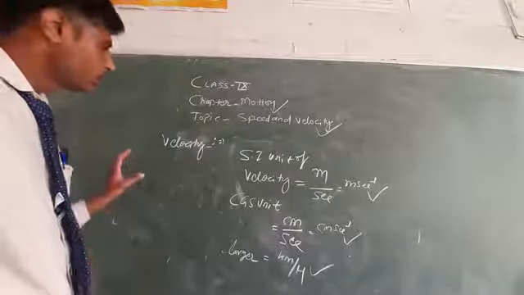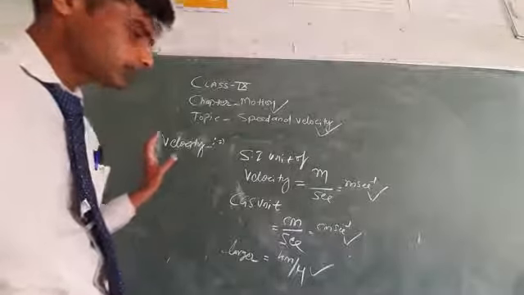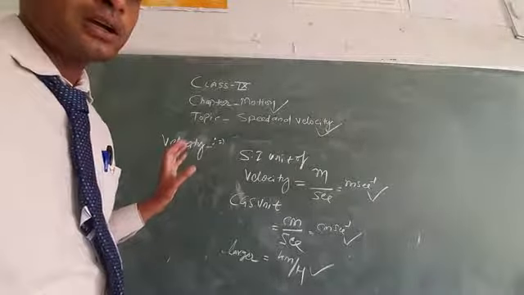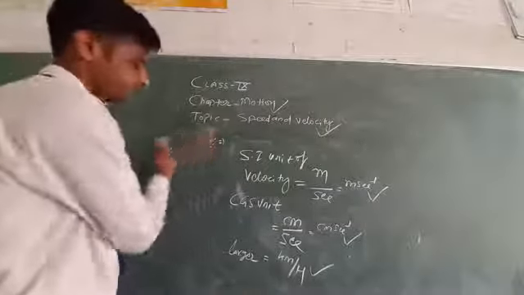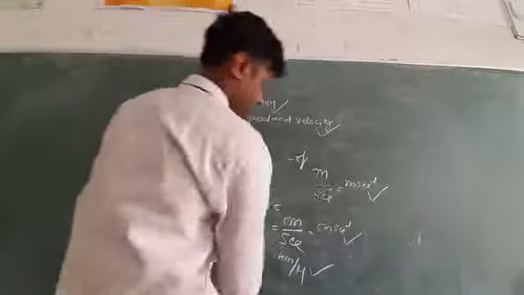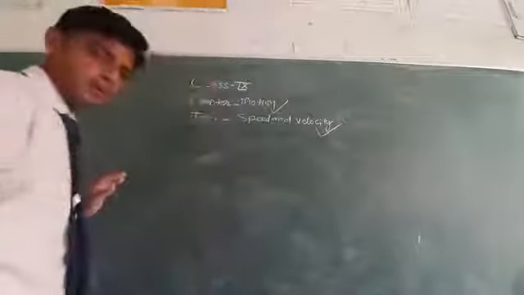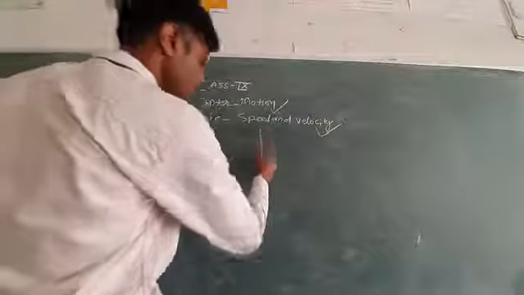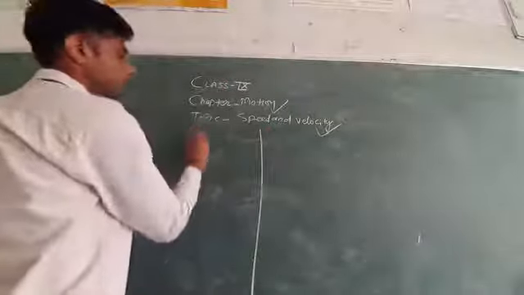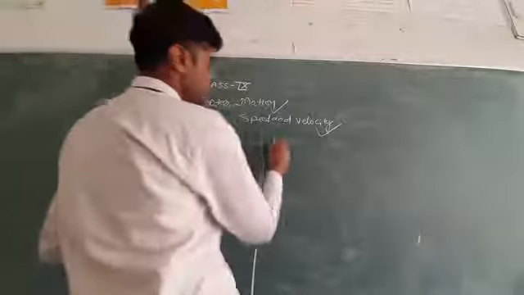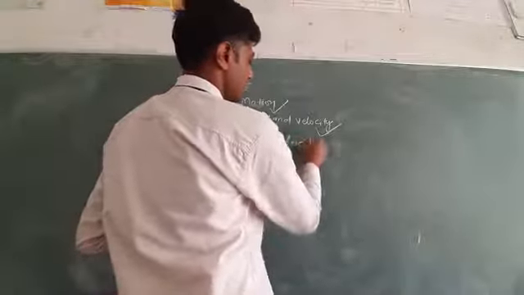So now we have to find some differences between speed and velocity. Write speed on one side and velocity on the other side.